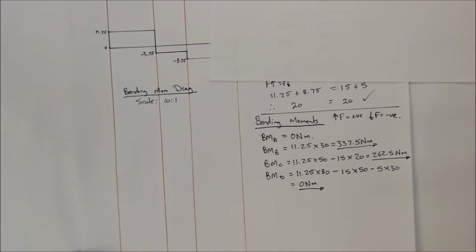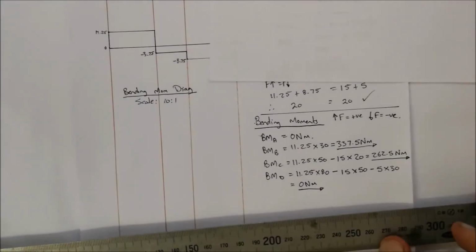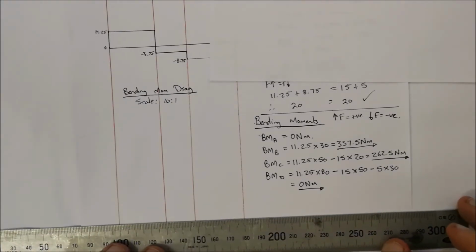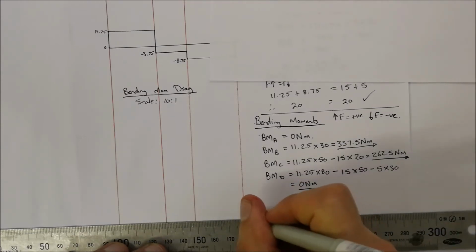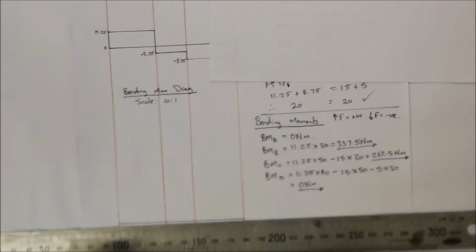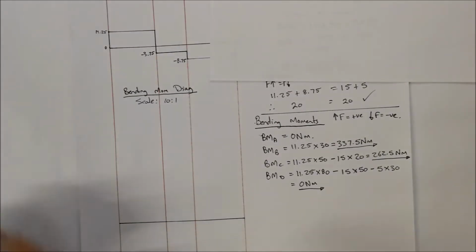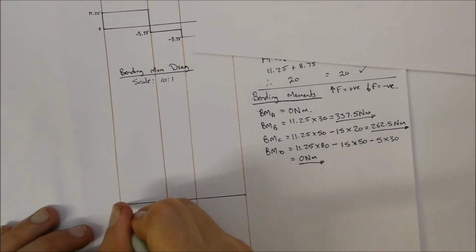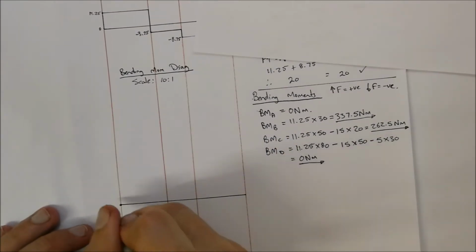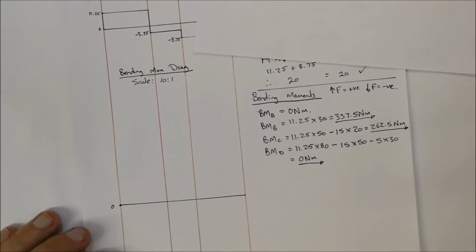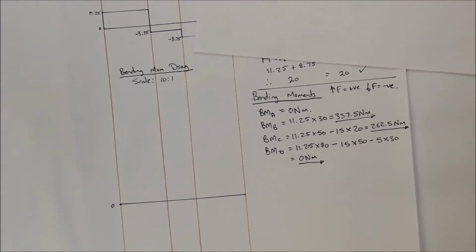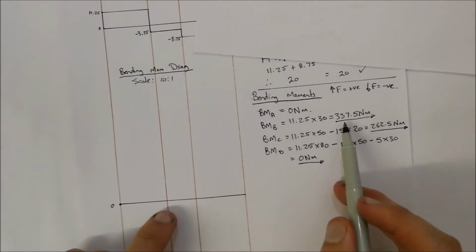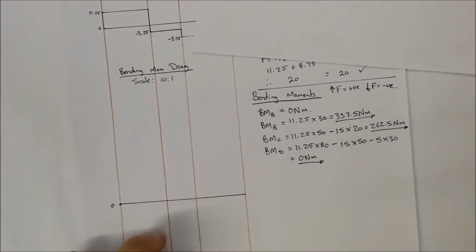Alright, so what we're going to do is draw a line going across to represent our beam. Okay, so the bending moment at A is equal to 0 Newton meters, so we can place a 0 there. Then we've got the bending moment at B, which is 337.5 Newton meters.